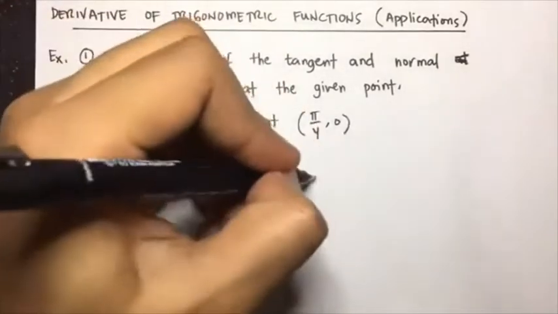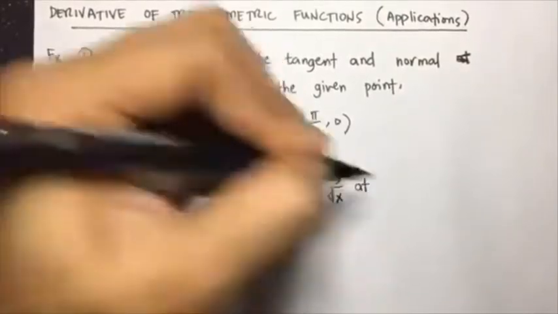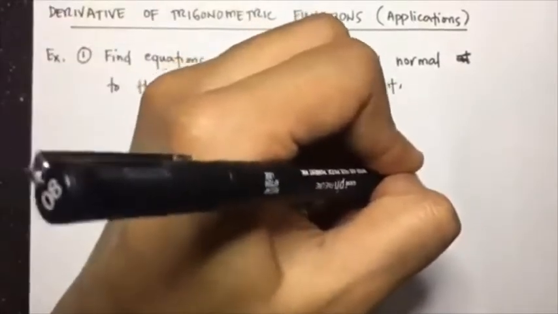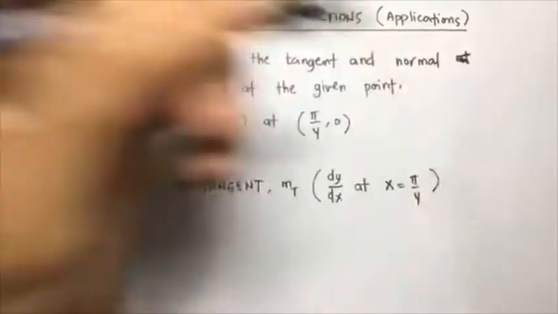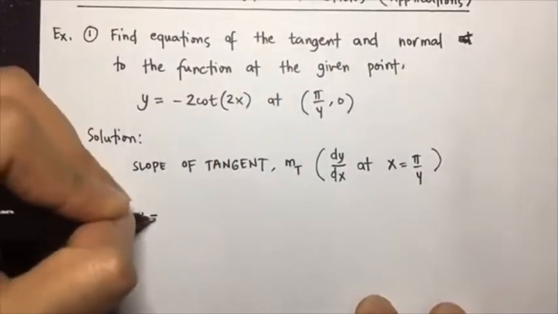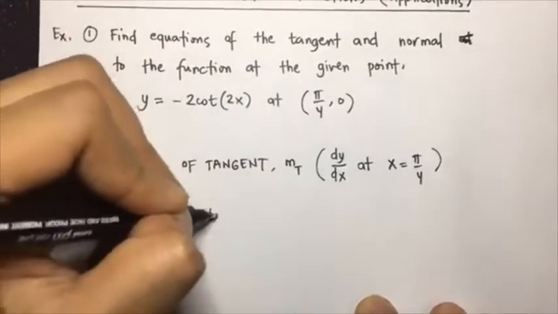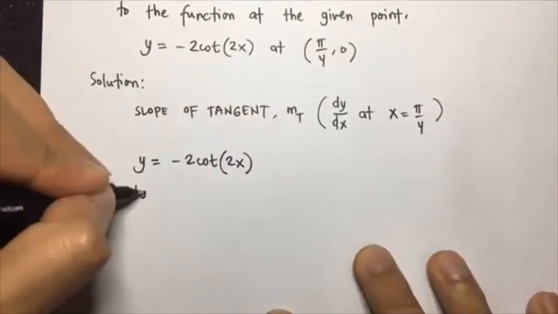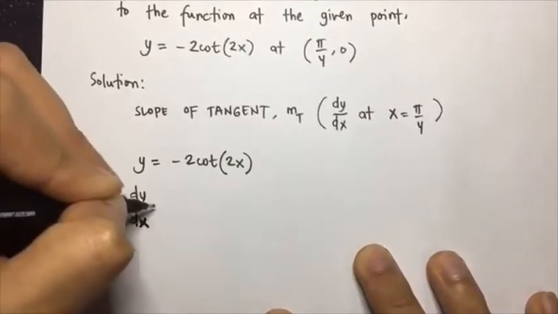So this is equal to dy over dx at x is equal to pi over 4. Deriving this, we have y is equal to negative 2 cotangent of 2x. What we need is the derivative of y with respect to x.